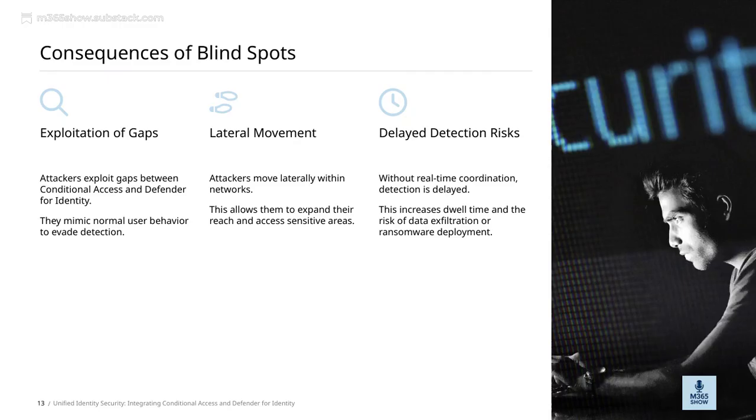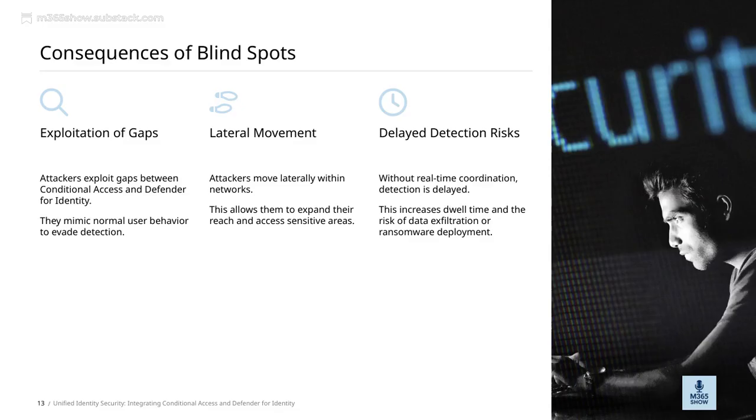This delay means that threats have more time to move around inside our networks, increasing dwell time. As a result, the risk of data exfiltration or ransomware deployment goes up significantly. Now, when attackers move laterally within the network, they're expanding their reach, often accessing sensitive or critical areas that they shouldn't have access to.